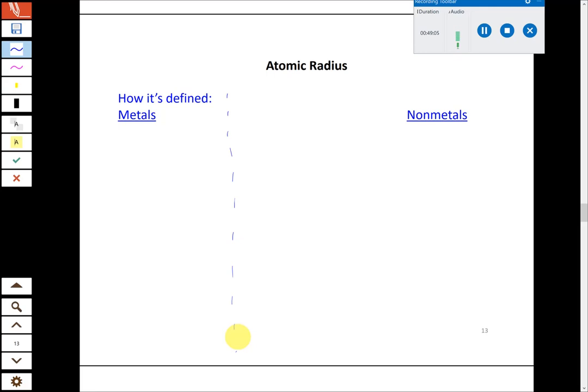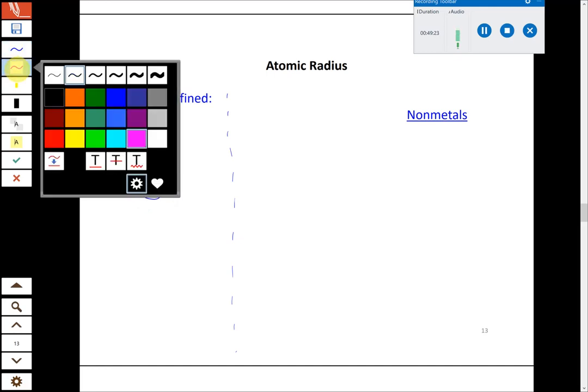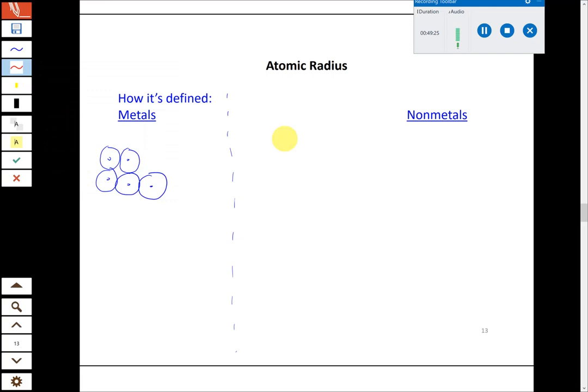So for metals, as we'll learn much later in the course, the atoms in most metals are arranged into these solid packing arrangements where all the atoms are very close to each other, and so on. And what you can do then, using different experimental techniques, which we will cover a little bit later on in the course, is measure the distance between 2 adjacent nuclei.